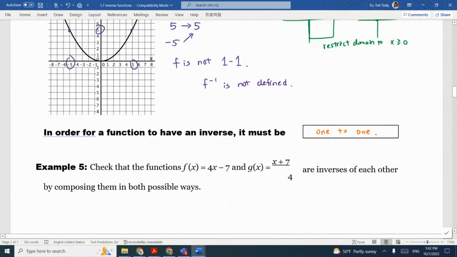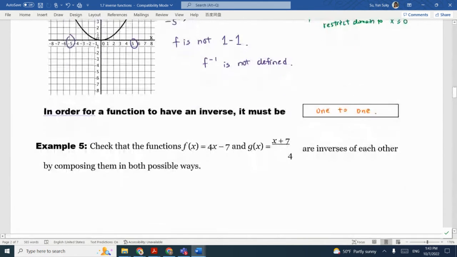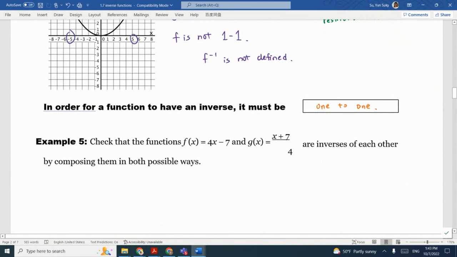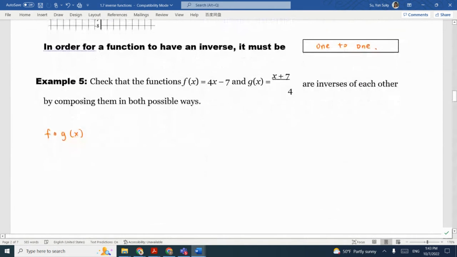And then example 5: check that these functions are inverse of each other by composing them in both possible ways. So we have f composite g and g composite f. Composition is not multiplication. f composite g means f of g of x.